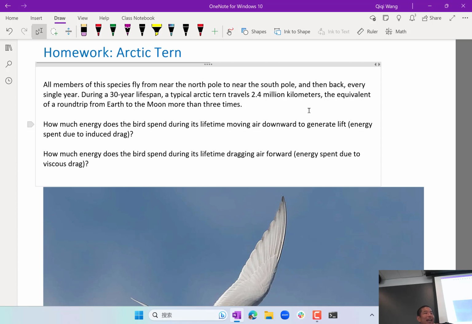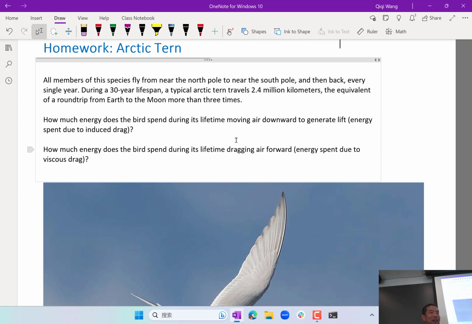It's probably the kind of animal that goes the furthest away during its lifetime. And we'll look at how much energy the bird spends during its lifetime moving air downward versus dragging air along with it. And we'll quantify that in terms of gallons of fuel and see how much energy the bird spends traveling that much distance.